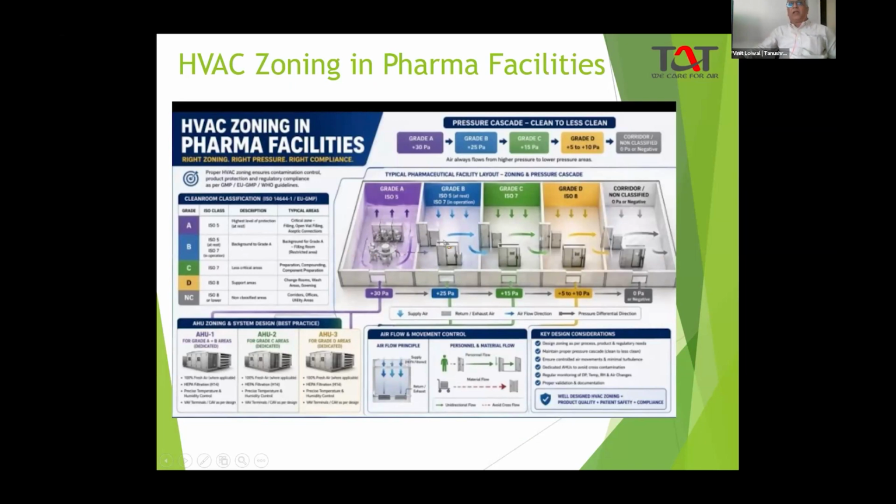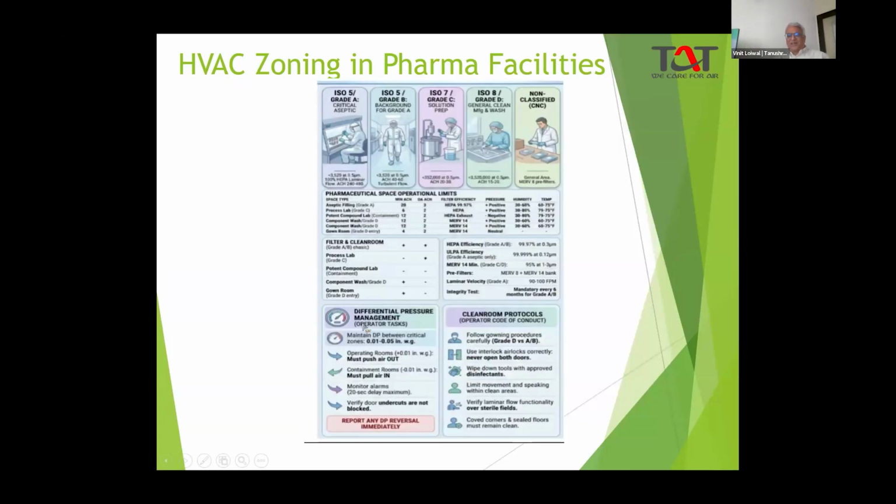Grade A and grade B can share a single AHU, but grade C and grade D need totally different AHUs. This will prevent cross contamination.